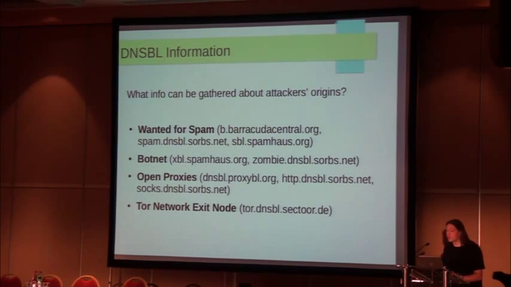Interesting maybe if it's part of a botnet. Interesting maybe if the attacker uses some open HTTP or SOCKS proxies. Also interesting is if the attack is carried out via the Tor network. Please don't sue Tor network operators. They are doing a great job in defending us from prism and whatever all the surveillance programs are called, and please don't do that.